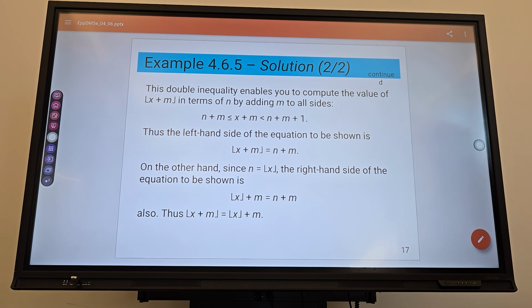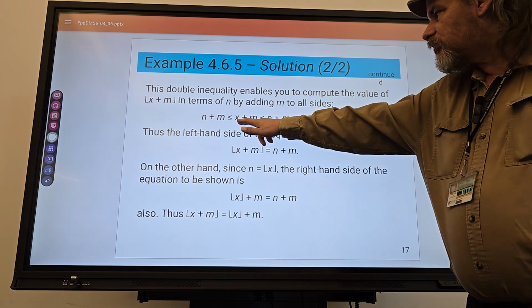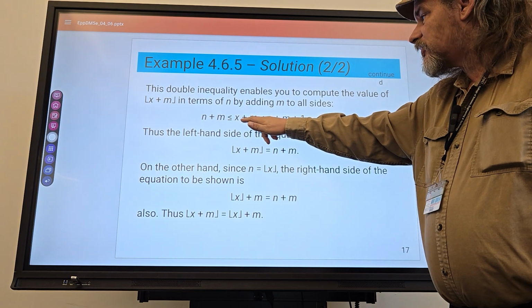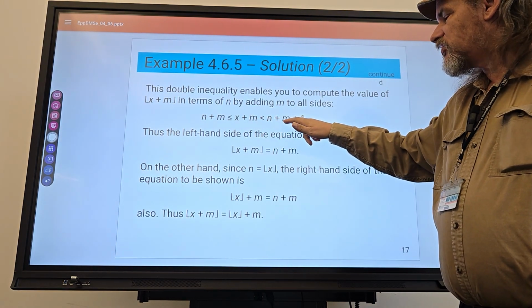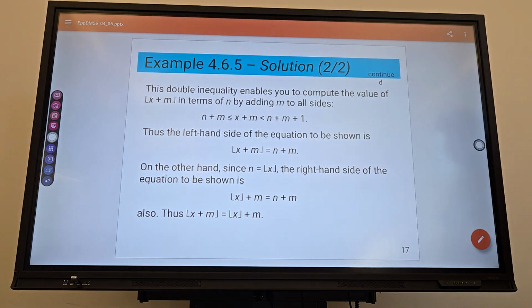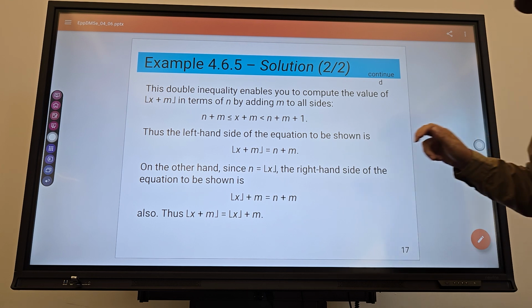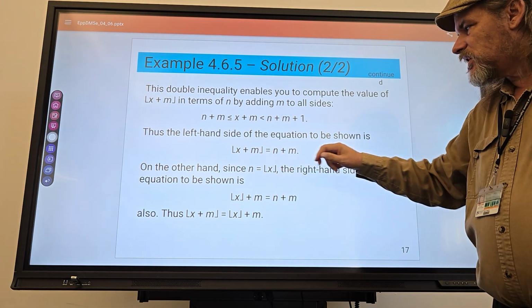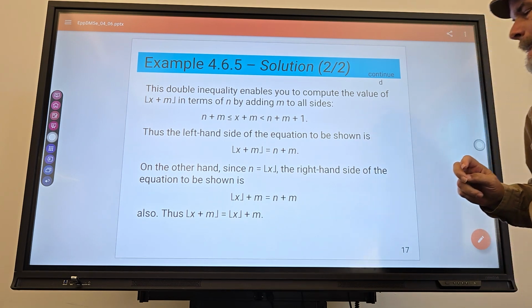n plus m is less than or equal to x plus m, which is less than n plus m plus 1. Thus, the left-hand side of the equation to be shown, the floor of x plus m, equals n plus m.